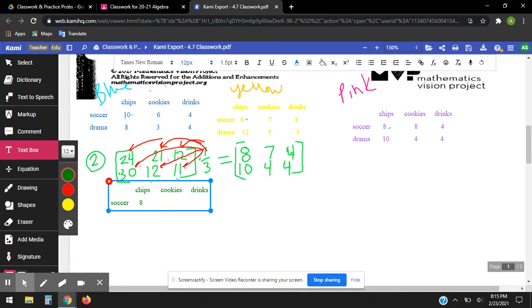They need 7 dozen cookies, and they need 4 gallons of drinks. Drama is going to need 10 bags of chips because that's the bottom left from up here, 4 bags, a dozen cookies, and 4 drinks. So that's really what this interprets to.